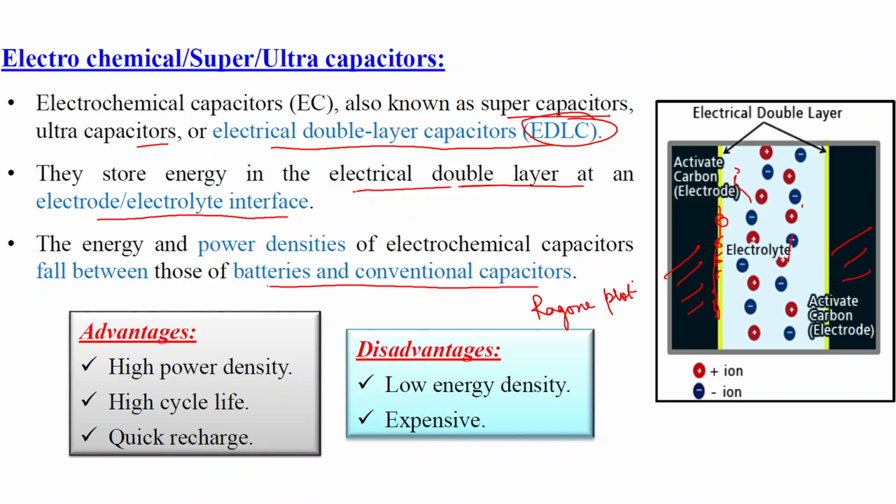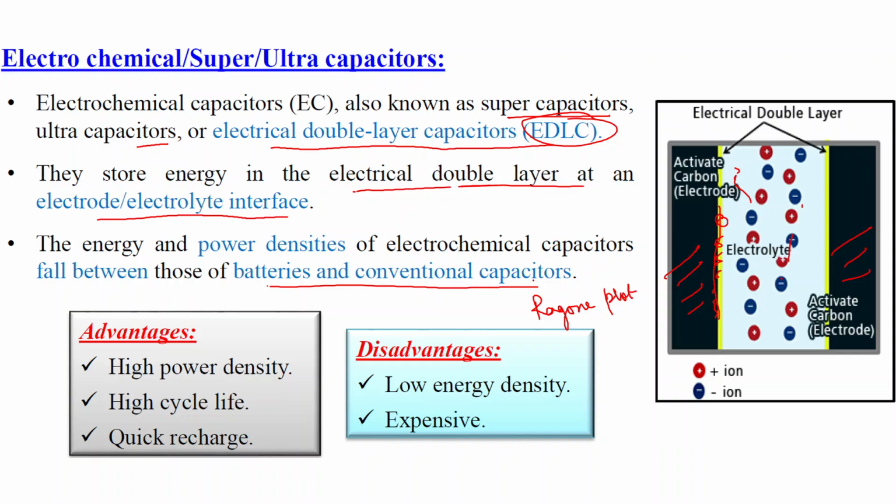The energy density determines how long an energy storage device can deliver energy, and power density means how easily it gets charged or discharged. So the Ragone plot decides at what position each energy storage device sits, depending on its energy density and power density.